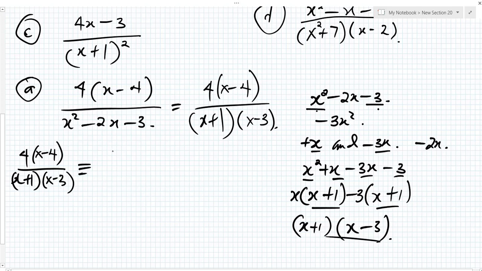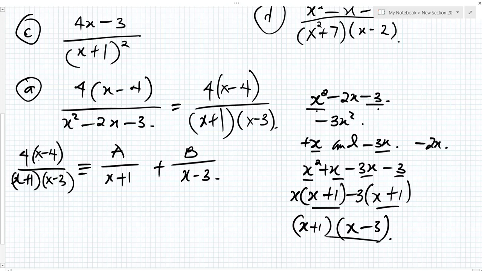So we're going to say this is equivalent to a constant, a over x plus 1, plus b over x minus 3.